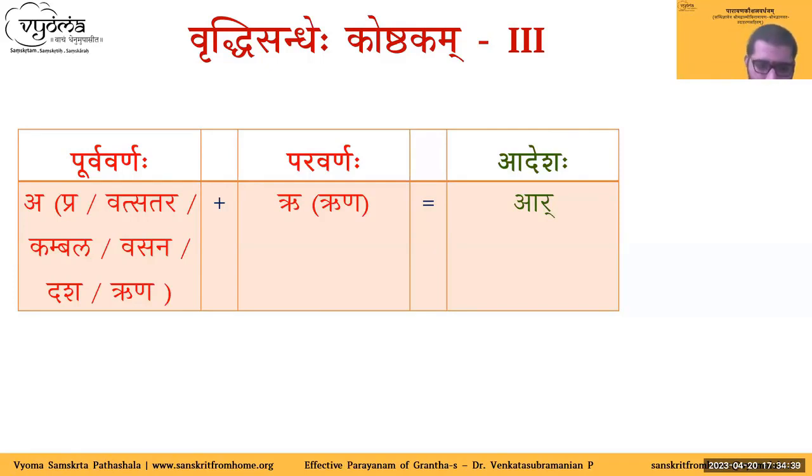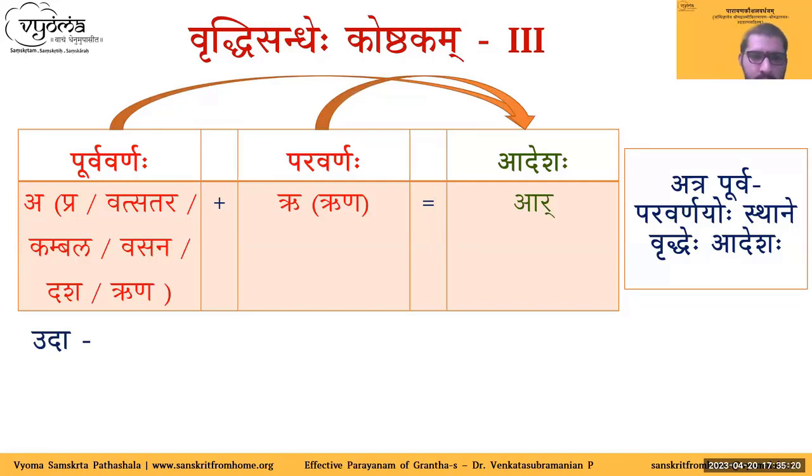If we have these words on the left hand side with akara as the ending letter, and the Purvavarna is akara and the Paravarna is rikara, then the Adesha is R. The Paravarna rikara should be the starting letter of the word rina. Then only we will get the Adesha R. So this is again an exception for Guna Sandhi.